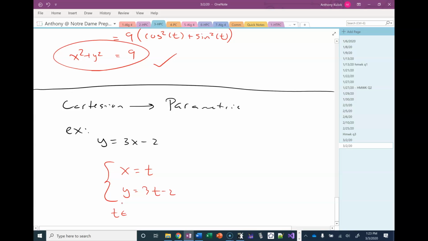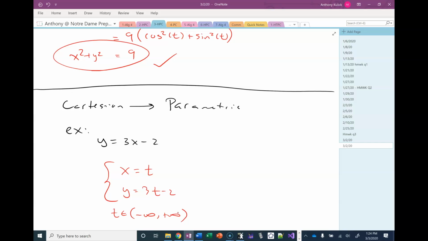So if I look at the equation, y equals 3x minus 2, what kind of function is that? Linear. Okay, what's the domain for a linear function? All real numbers. So that's going to be the same as my parameter interval, since x is equal to t.